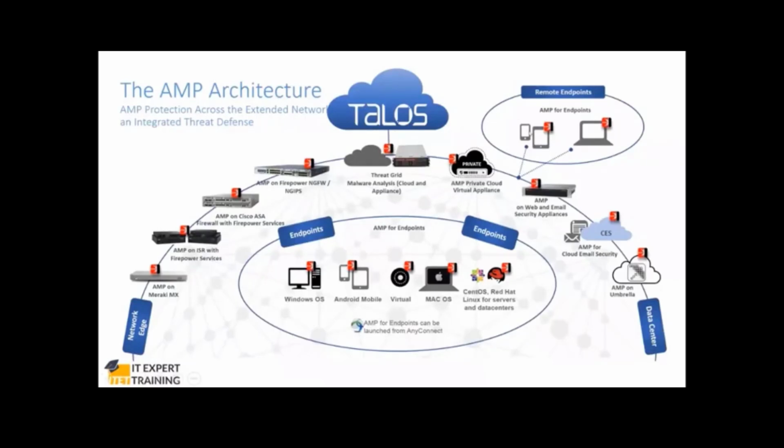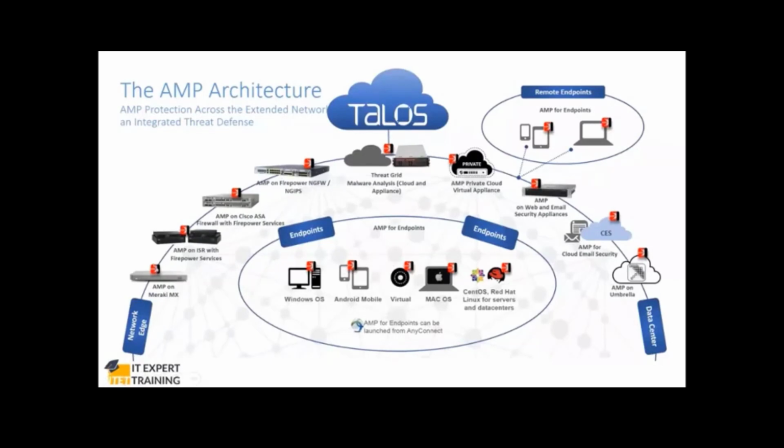So AMP for endpoints is here. You have to install a lightweight connector on your Windows operating system, Android mobile, virtual machine, Mac OS, CentOS, Red Hat Linux, and servers and data center. This AMP for endpoints will prevent you from malware.